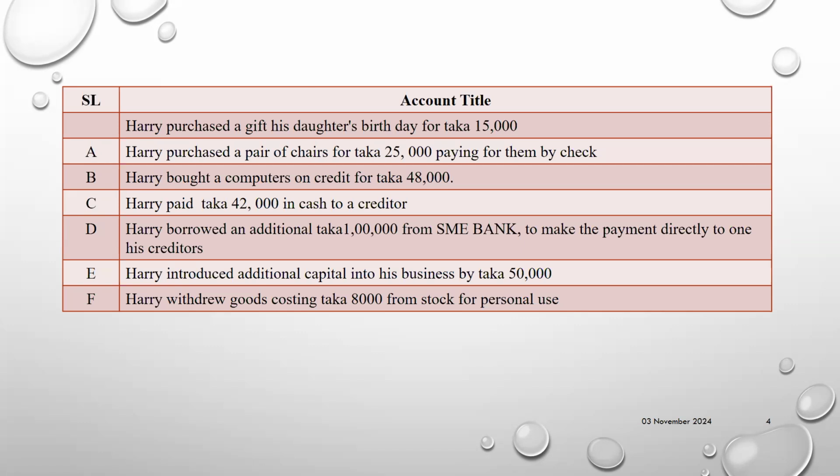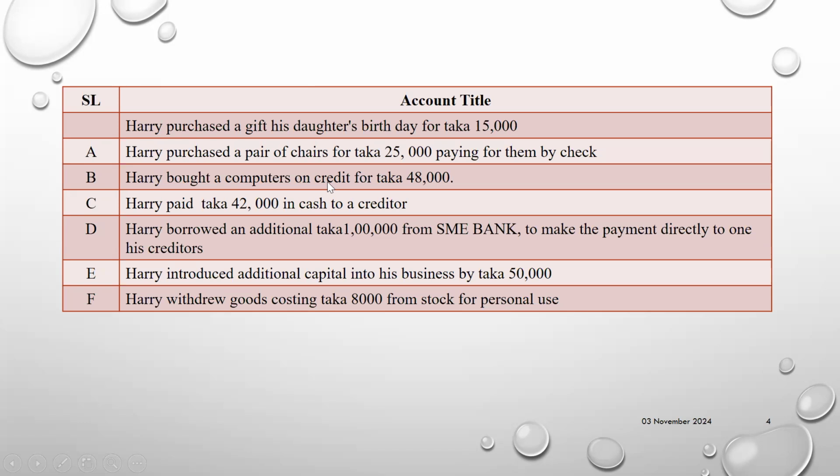So Harry bought a computer. Is the computer an asset or an expense? Asset. Bought or purchased is the same. Does the asset increase or decrease? Increase. Asset increase is plus or minus? Plus.